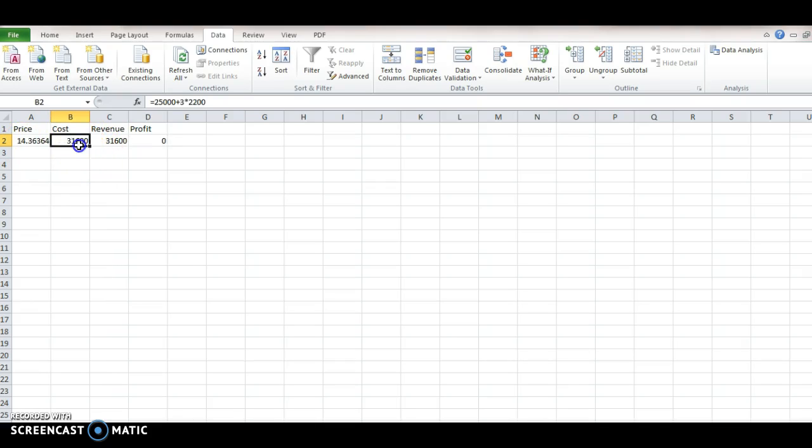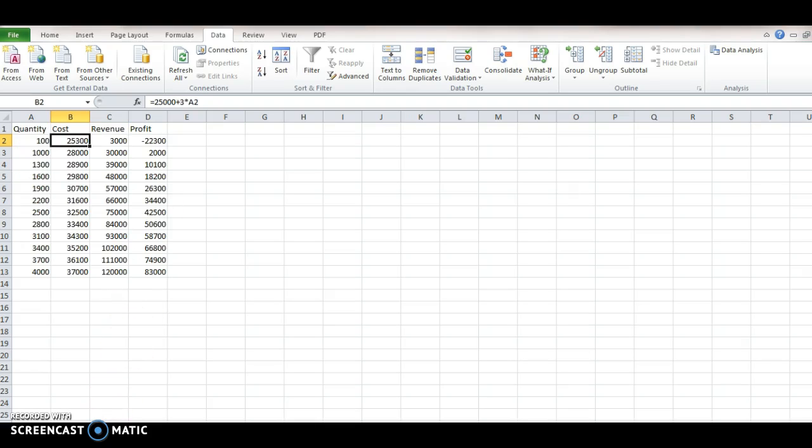So again, notice the cost is equal to the revenue. So that's how you go ahead and use Goal Seek to figure out how to change the price with the break-even. So you need to have a column for whatever it is you want to use Goal Seek to do the what-if analysis.